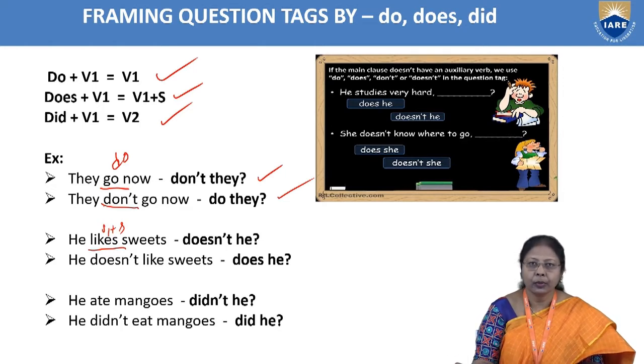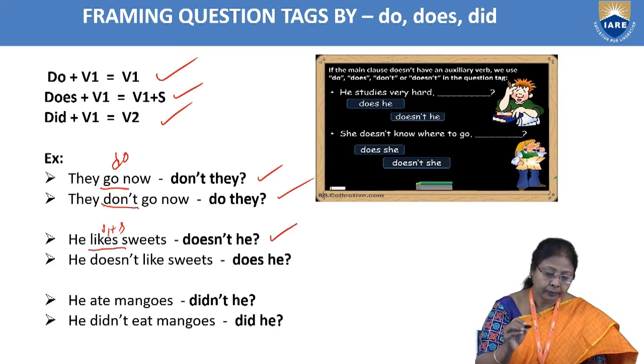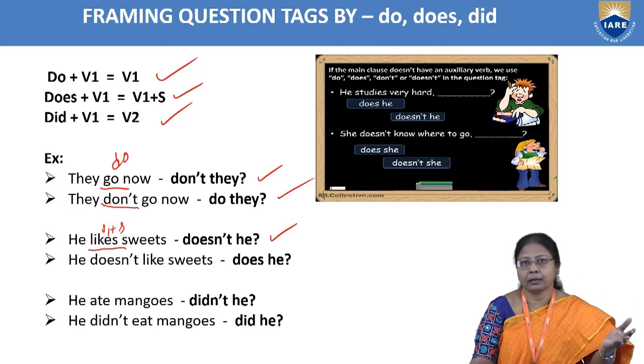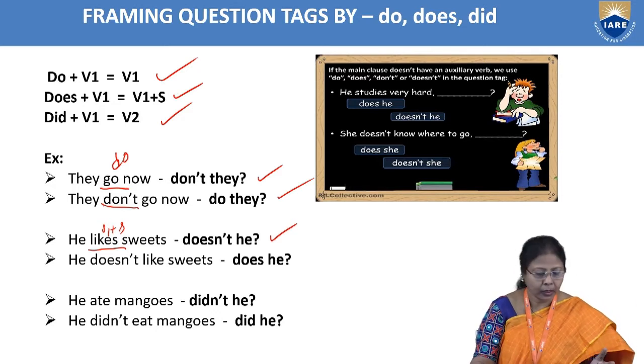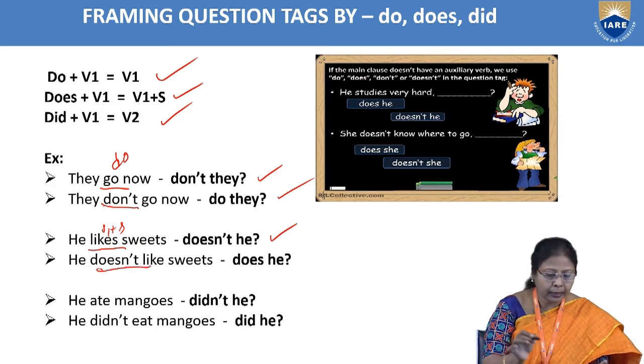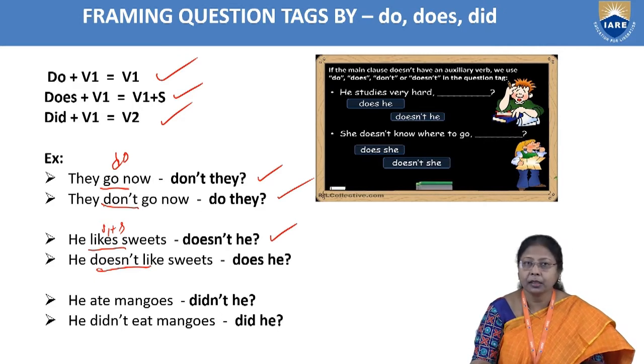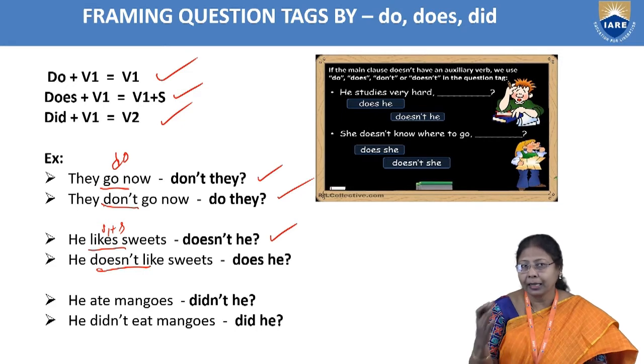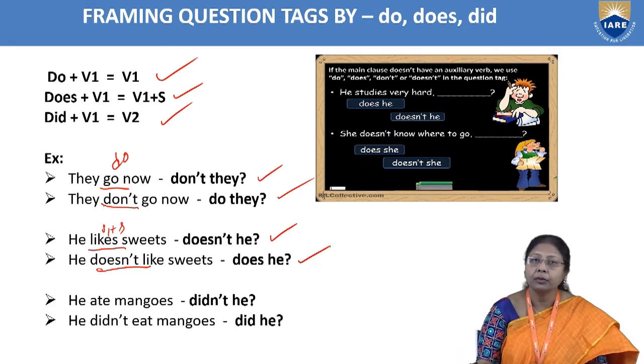Doesn't she? It's a positive sentence, so V1 plus S takes does. And then, he doesn't like sweets. The same sentence in a negative form. He likes sweets. He doesn't like sweets. Does he? Positive question tag.